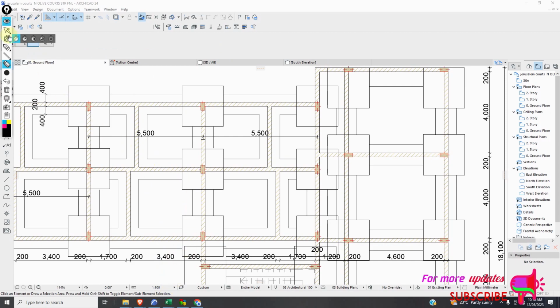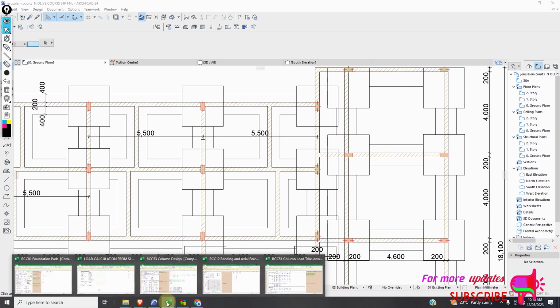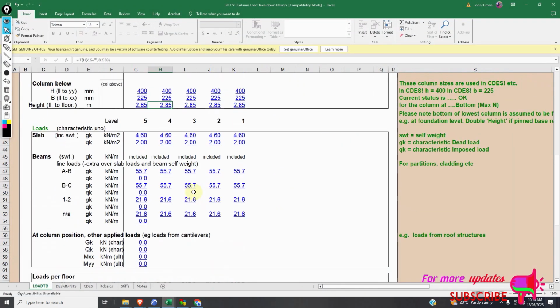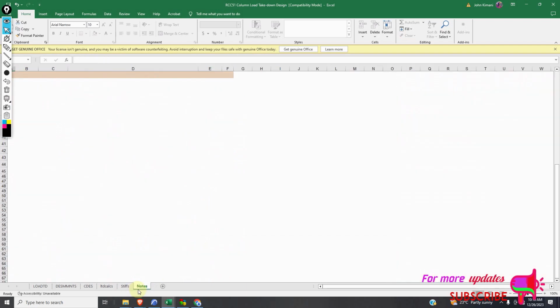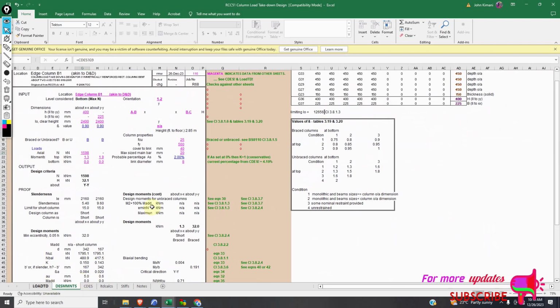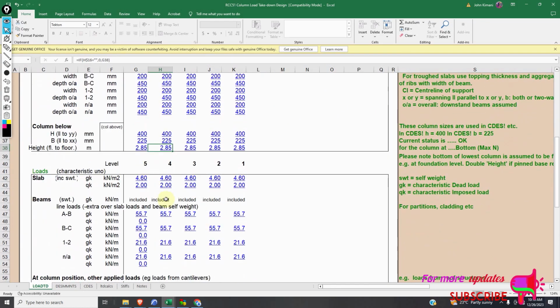So we have done the preliminary sizing, but we have not designed it yet, right? So we have not designed this column. Don't worry, because we have another spreadsheet where we can check and do the design.